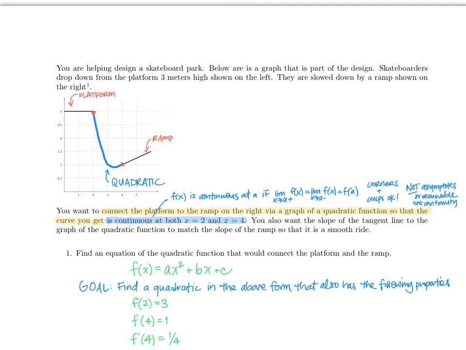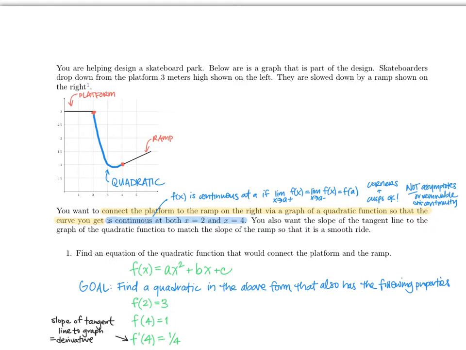And I write that down in the following way, because I notice that right where the quadratic and the ramp connect, which happens at x equals 4, the slope of the tangent line to the graph is the same as the first derivative for the quadratic.